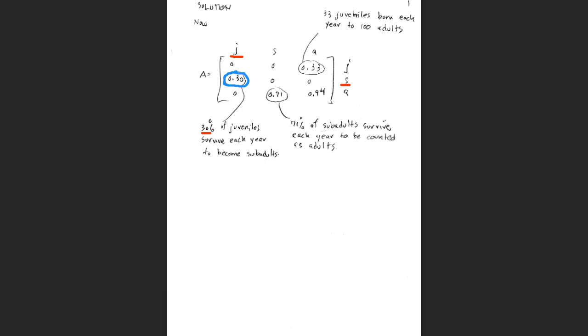However, can a juvenile become an adult after a year? Well, the answer is no. That is zero, because juveniles first have to become subadults, and that takes a year, and then it takes another year to become an adult. So all of these entries have meaning.